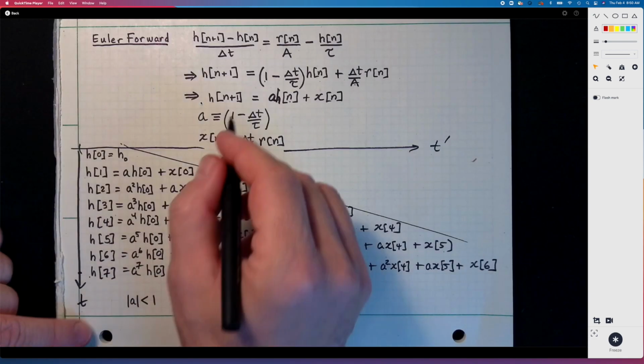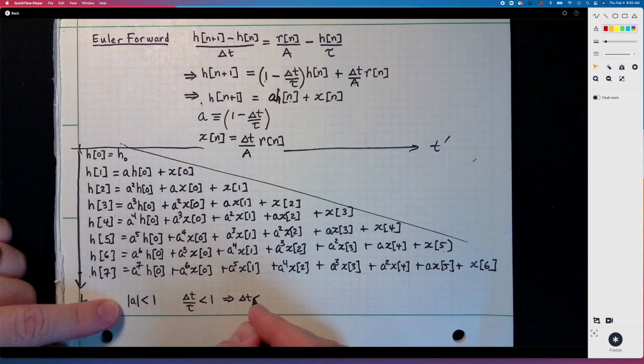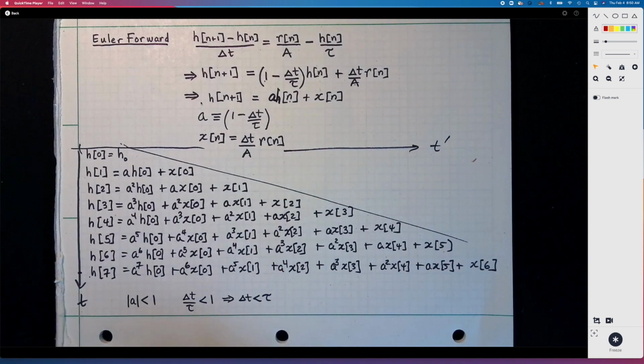And so if I go back to the definition of a, if I want this to be less than 1, then a sufficient condition is that delta t over tau must be less than 1. Remember, delta t is positive and tau is positive, so I want delta t to be less than tau. Where tau is the intrinsic time scale of the system, I need to take my time step to be smaller than that time scale.